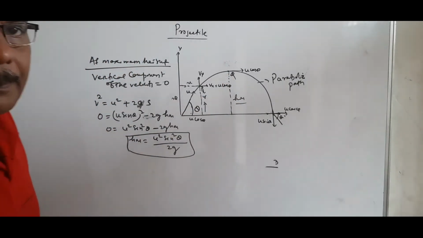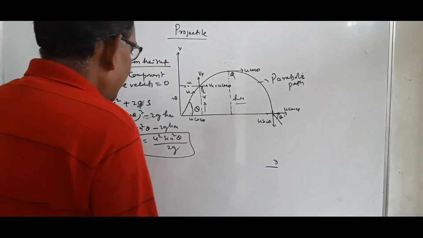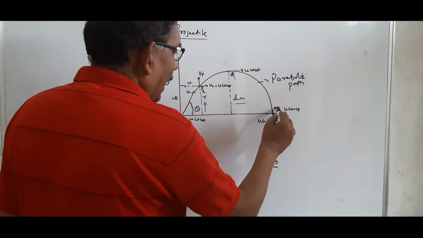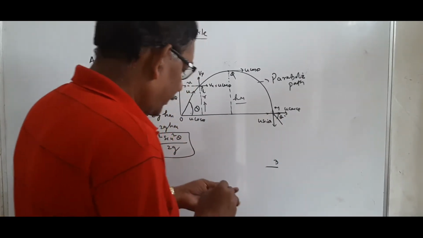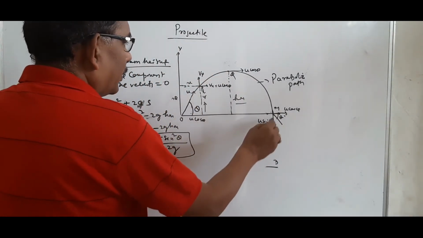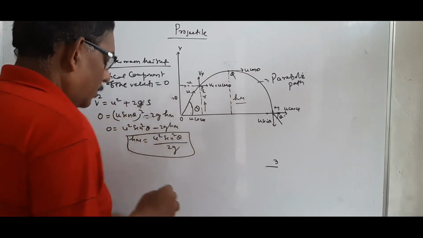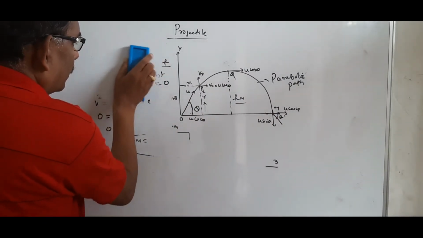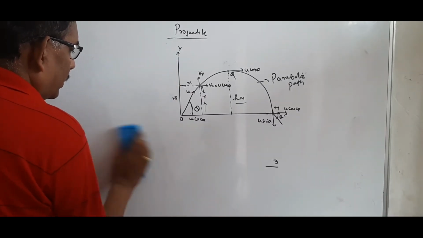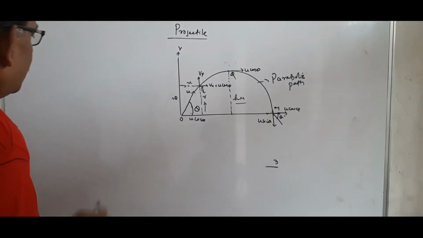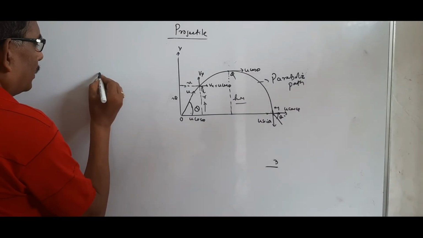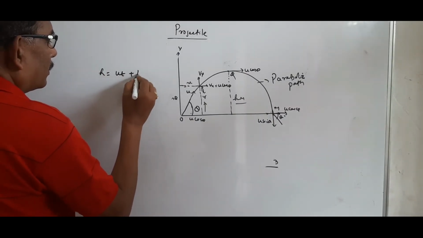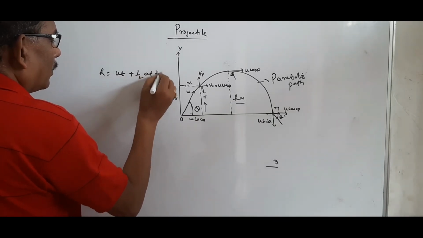Now what is the total time of flight? The particle starts from the point O and reaches the point M. It means it hits the ground. Total time of flight during its motion. By using the equation, you know that h is equal to ut plus half at square.